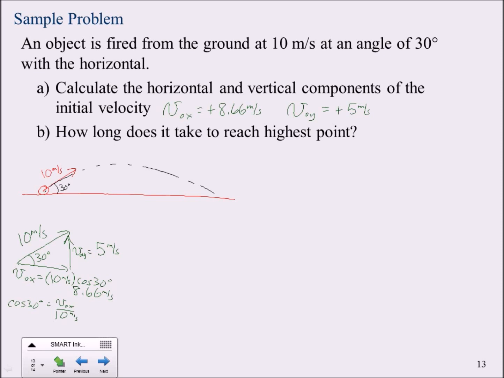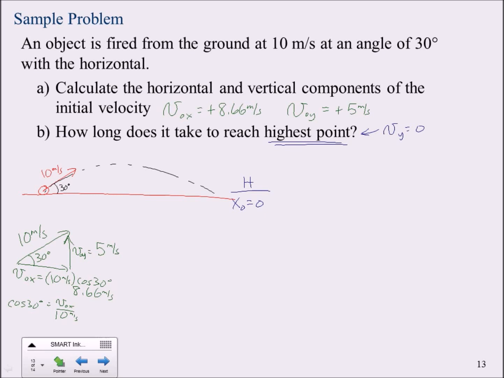Then part B, how long does it take to reach the highest point? So again, we have to know that the highest point is referring to when the y component of the velocity equals 0. So we set up our horizontal column.